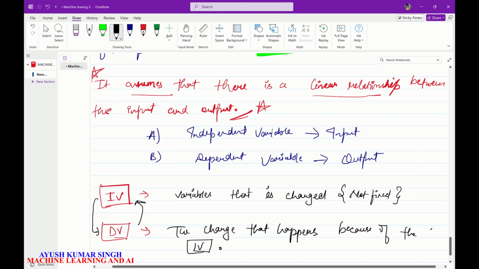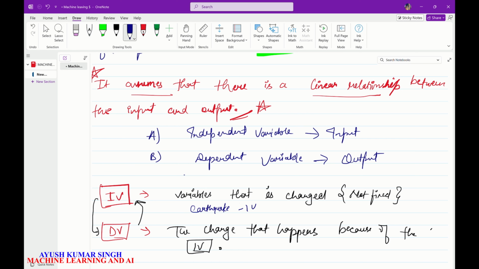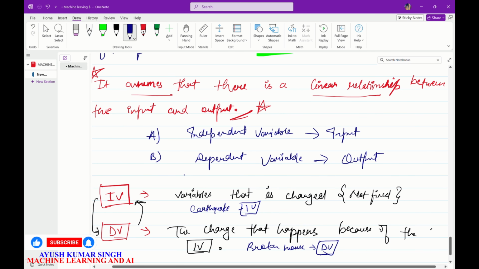Suppose there's a house destroyed due to an earthquake. Here the earthquake is the IV and the broken house will be the dependent variable. Understood? So DV is the change that happens here. DV is the impact that happens because of IV.